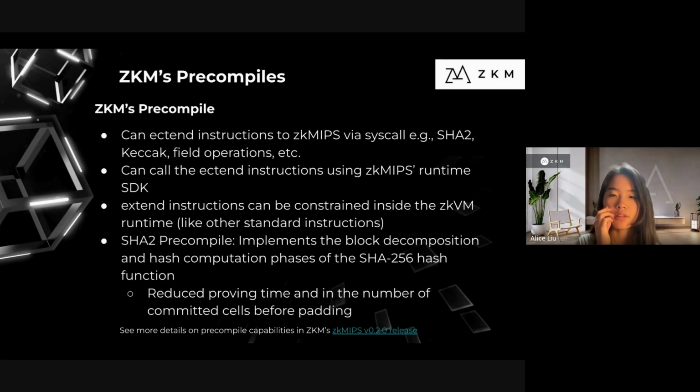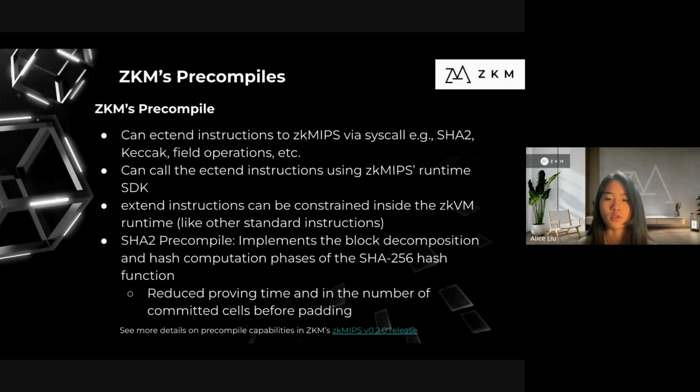There are a few ways you can use your precompile. You can use it using the zkVM's SDK or via a system call directly. And those instructions can be constrained inside the zkVM runtime itself. For example, one of the first precompiles that the team implemented was a SHA-2 precompile, basically implementing the block decomposition and hash computation phases of the SHA-256 hash function.